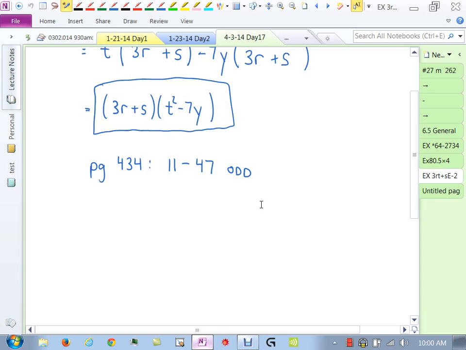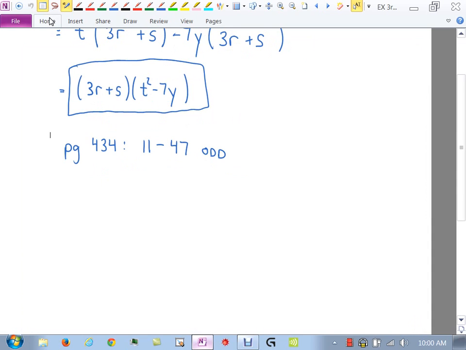Because I love punishing you. No, because factoring, I've been telling you, is the most important thing that we leave this class with, all right? So I have to force you to do the homework, to know that you did it. It is painful, but eventually it starts to become less painful. The more you do, the less painful it becomes.